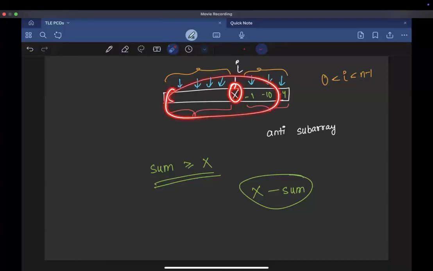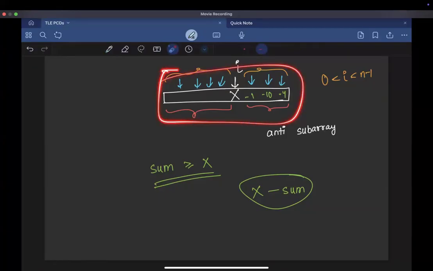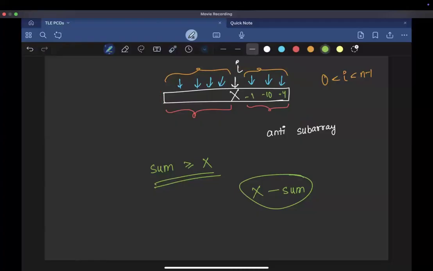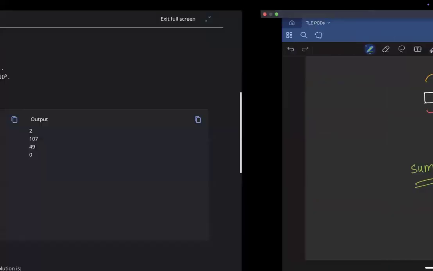That is total sum minus Ai and all. You can try to think about some optimizations if you can find any, but I don't think it is worth much. So I did not try to optimize it any further. And this was my idea. Guys, does it make sense?